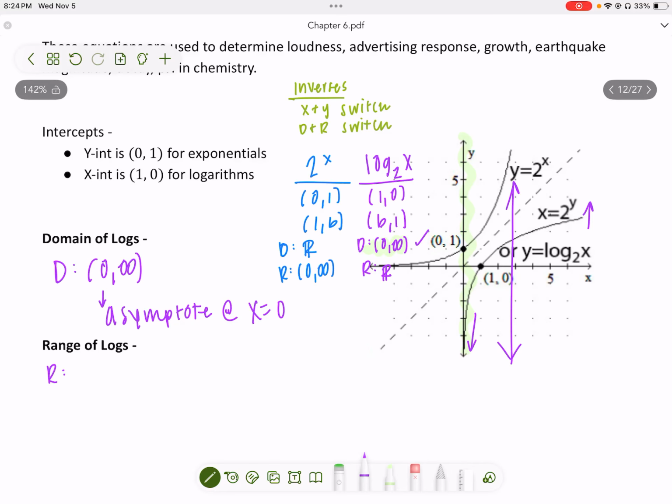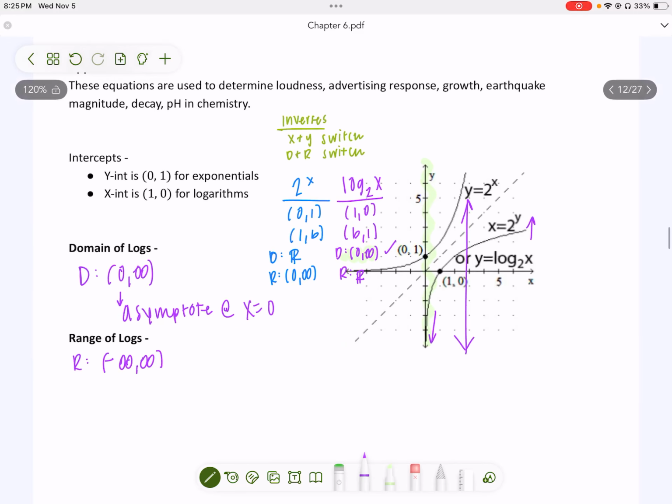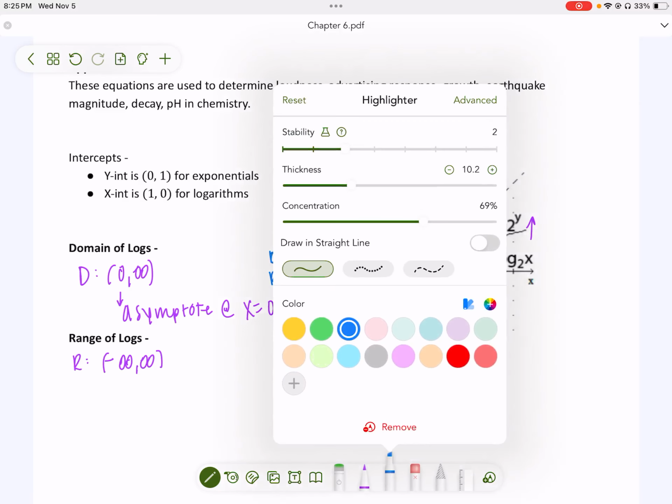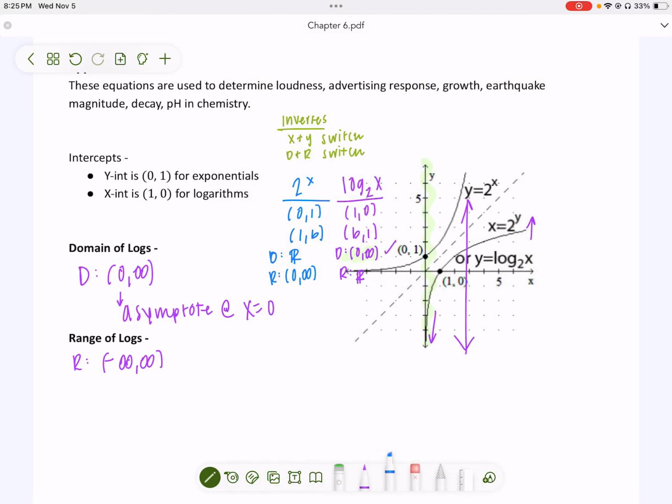The range is all real numbers because it's going up and down forever. Notice also that it doesn't have a y-intercept, right? Again, because it can't cross that axis. So it has an x-intercept, whereas the exponential only has a y-intercept. So again, those flip-flop, and so it doesn't have the other one.